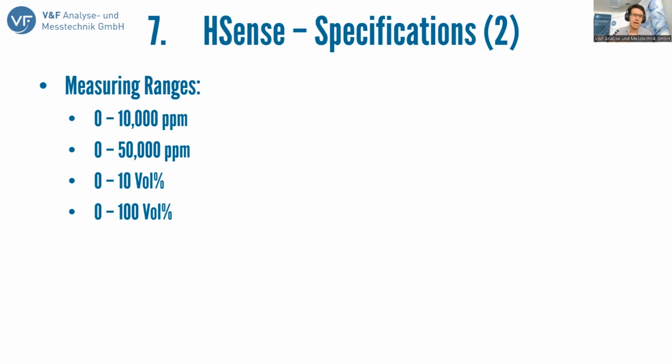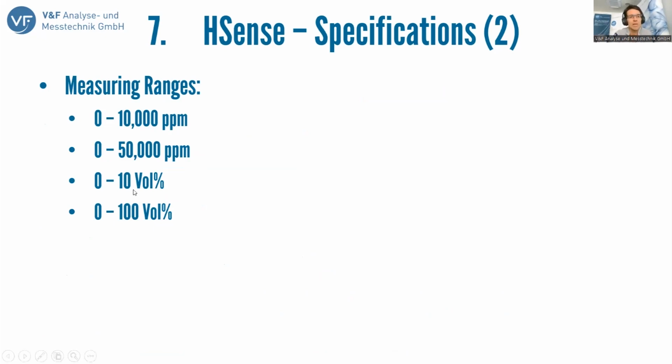Measurement ranges are variable. This is something that we can very much customize to customer needs. Our standard measurement ranges for the HSense instruments are 0 to 10,000 ppm and 0 to 50,000 ppm on the low range.